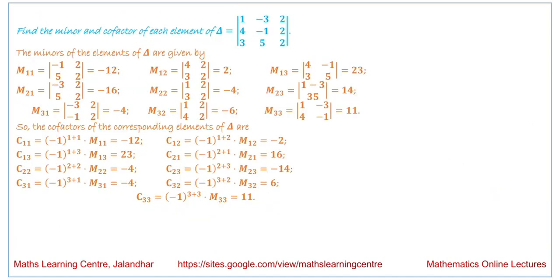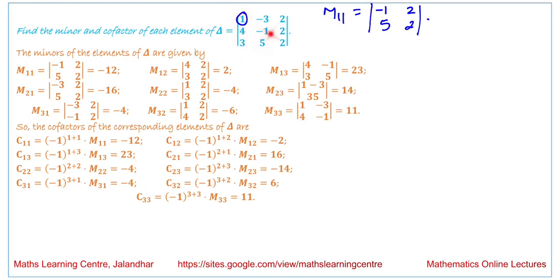Next we have: find the minor and cofactor of each element of this matrix. So we have listed all these values. When we are writing the minor corresponding to the first term, M11, corresponding to this term, what we get is minus 1, 2, 5 and 2. Why are we saying so? This row we have neglected, this column we have neglected.